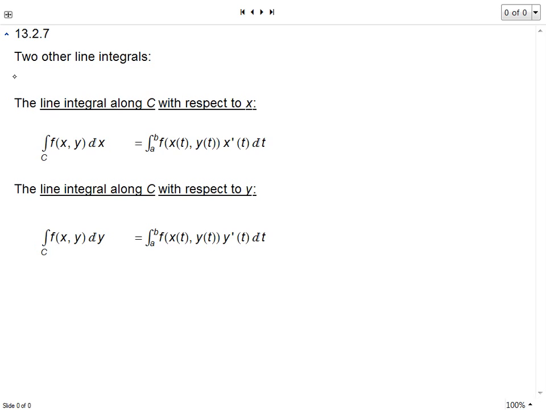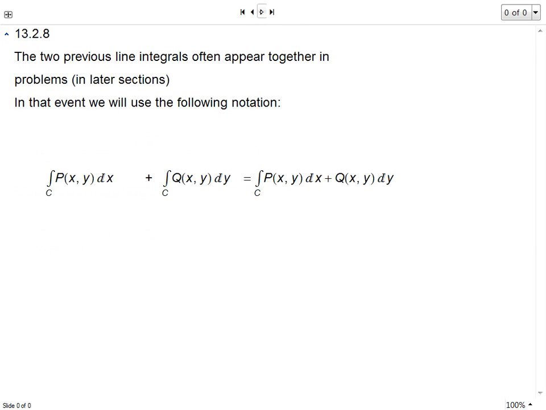Now we could do the same thing. We could treat x as a constant, and then we get the line integral with respect to y, and it becomes this formula. A lot of times, as you'll see later, these two line integrals, one with respect to x and one with respect to y, appear together in the same integral.